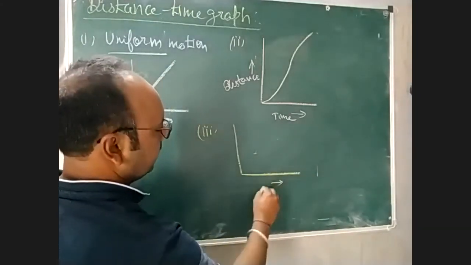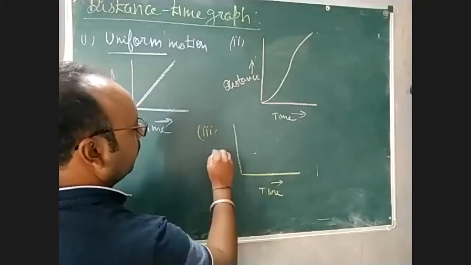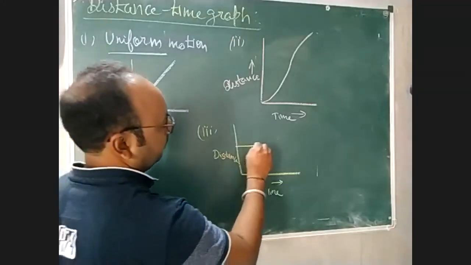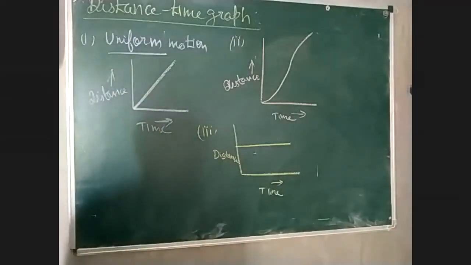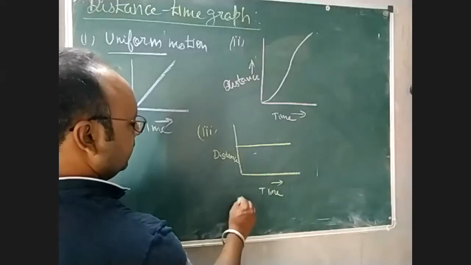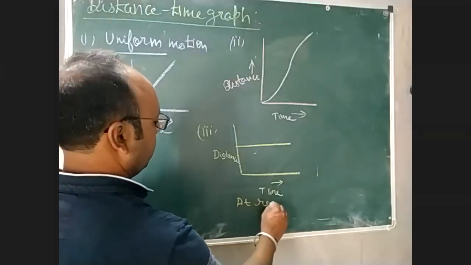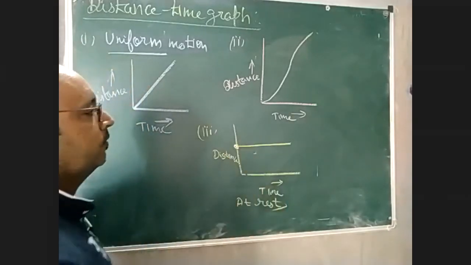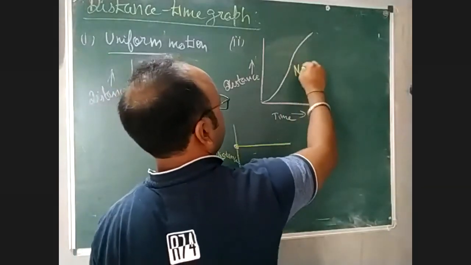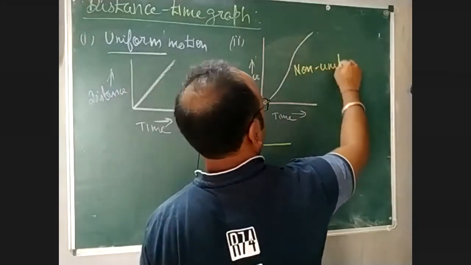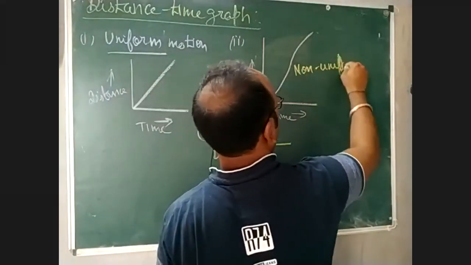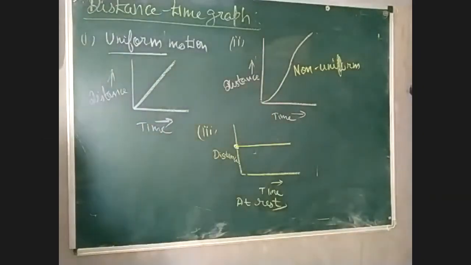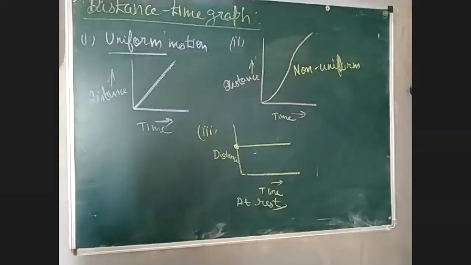When the body is at rest, that means the body is not moving at all, the graph will be like this, parallel to the x-axis. This is at rest. That means time is increasing, but distance is the same. It's not increasing. This is non-uniform. Right? Uniform, non-uniform, and the body is at rest.